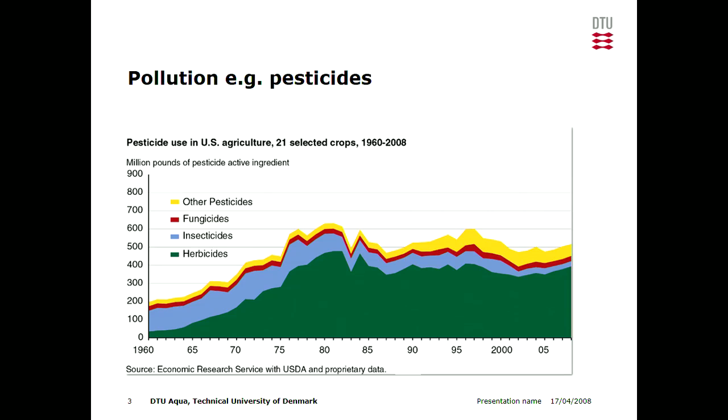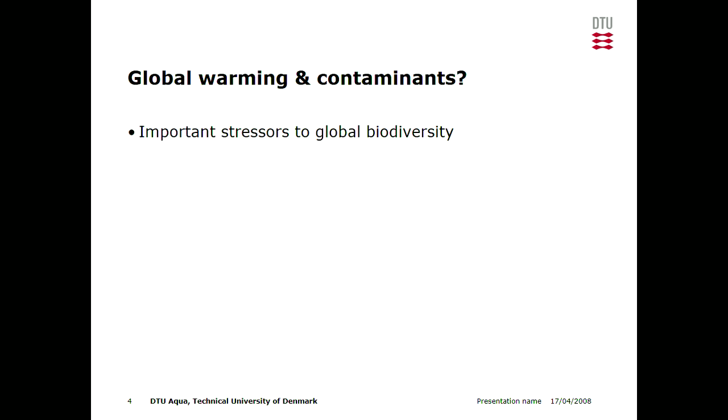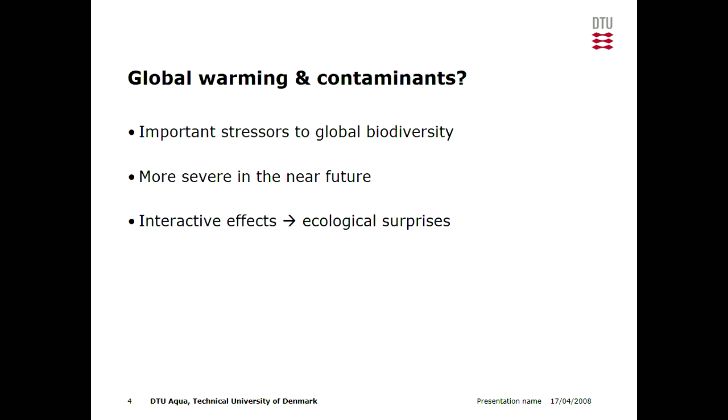Another important stressor for aquatic organisms is pollutants like pesticides, heavy metals, and other toxic compounds. It is expected that both stressors will become more severe in the near future, and the interactive effect of global warming and contaminants might result in ecological surprises.